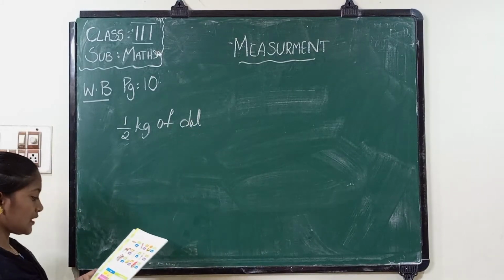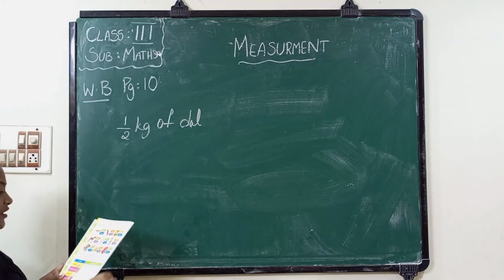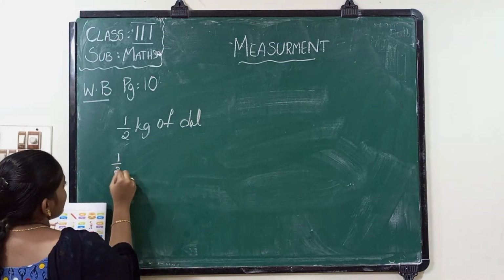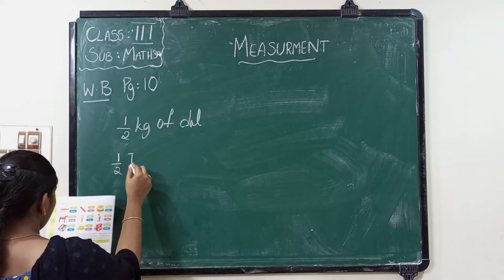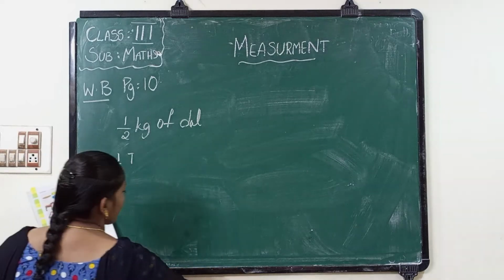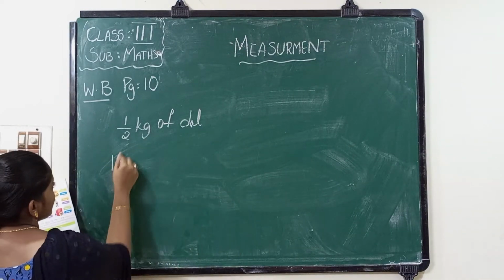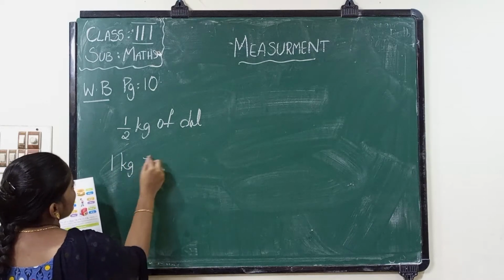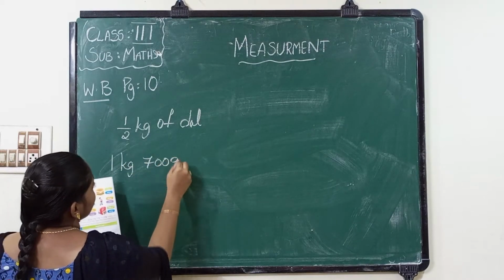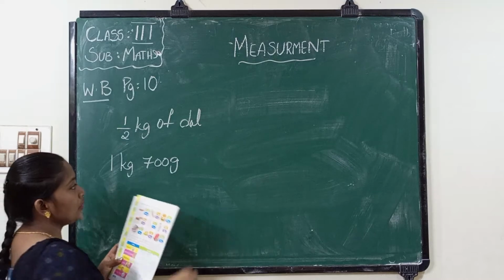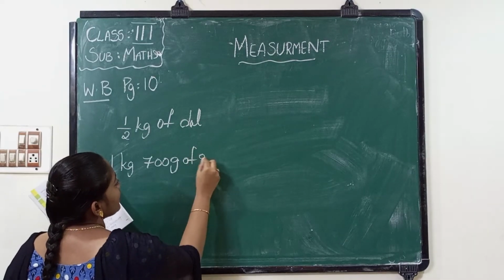And the next one is 1 kg 700 grams. Sorry, it's 1 kg 700 grams of groundnut. What does he want? Groundnut.